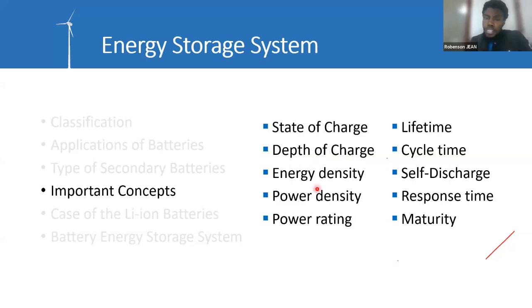Depending on the user of the battery, it can be 5 years, it can be less, or a little bit more, depending on how well you use the battery.